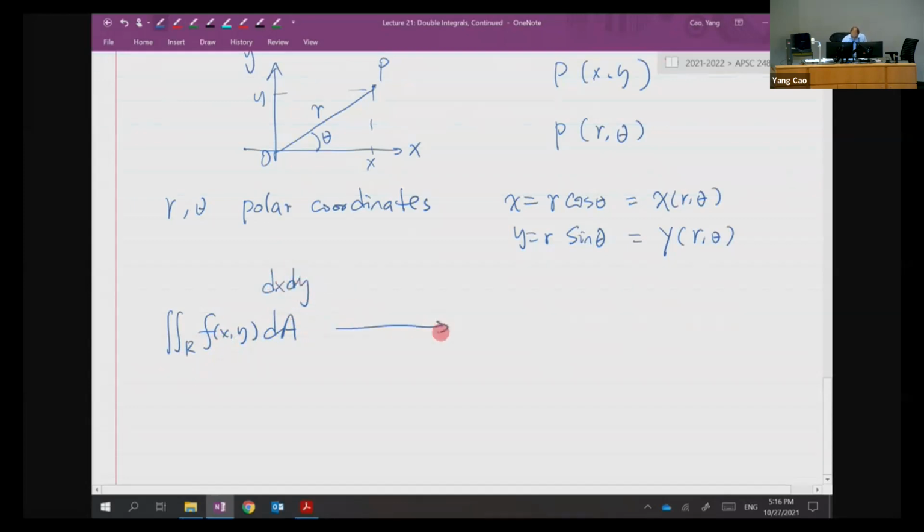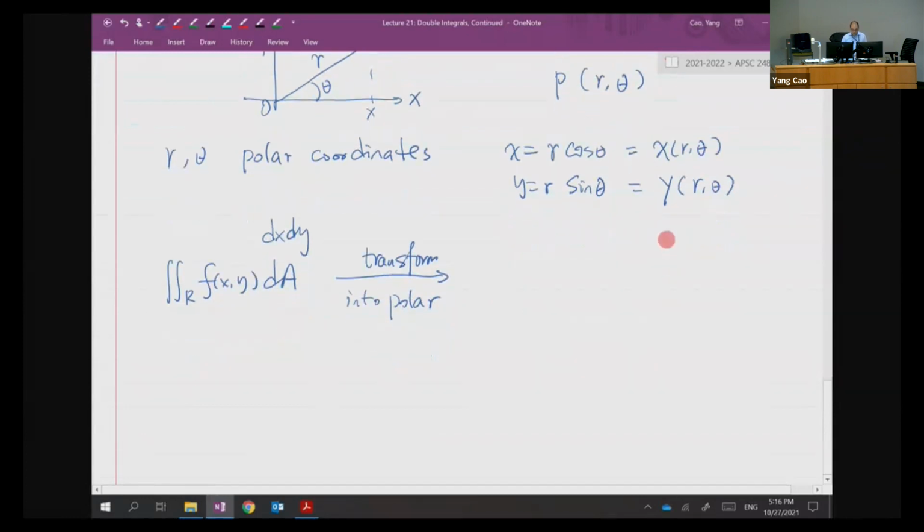So we want to transform it into polar. Let's take a look at how we can transform everything from in terms of x and y into in terms of r and theta.